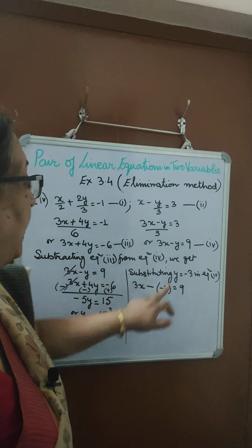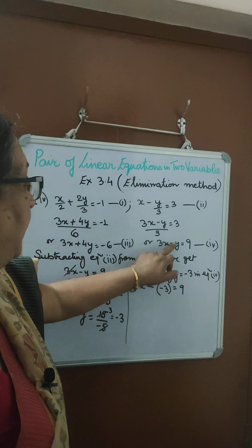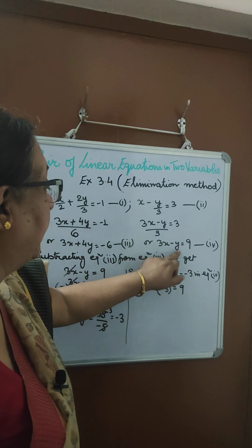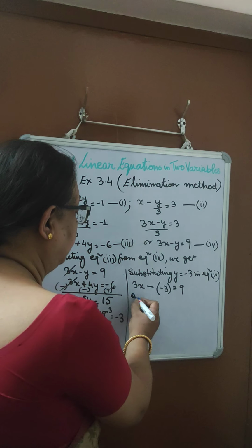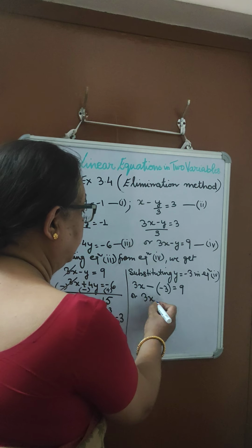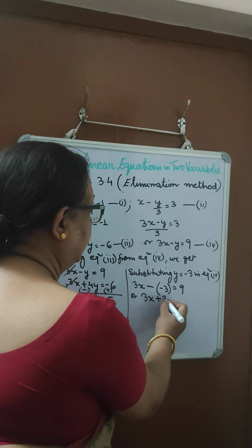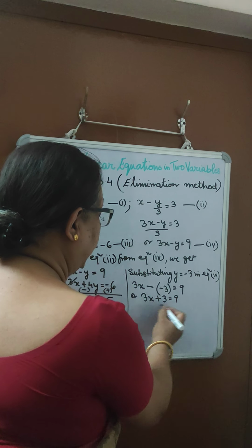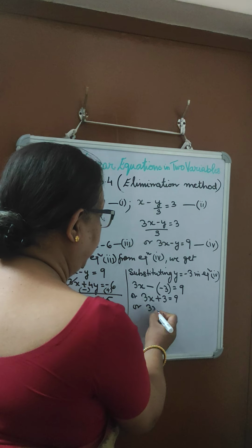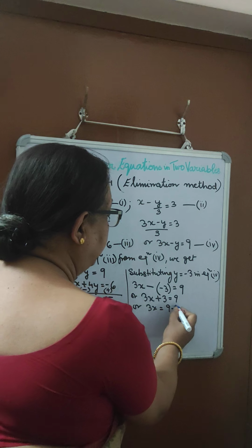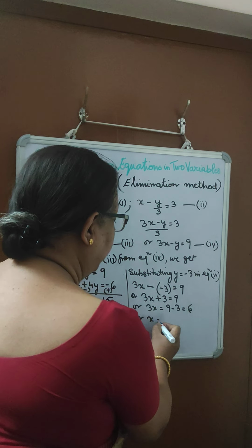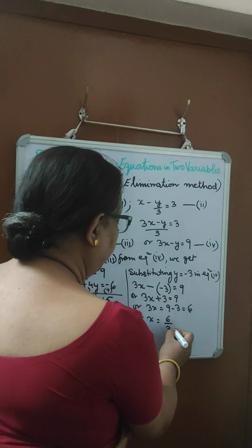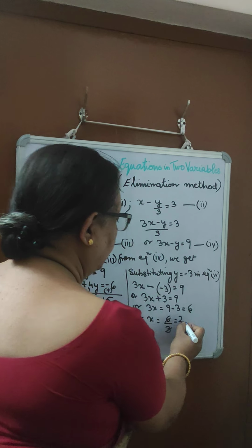So 3x minus, and in place of y, minus 3. So what do you get? 3x minus minus, plus 3 equal to 9, or 3x is 9 minus 3, that is 6. So x will be 6 by 3, that is 2.